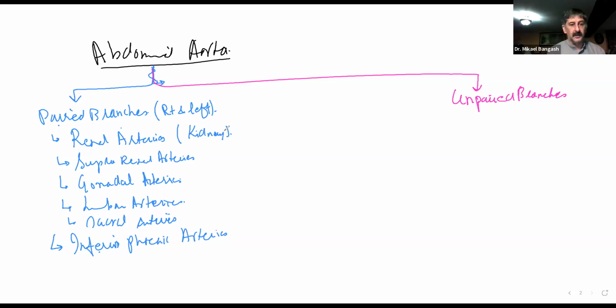They supply blood to the kidneys. Suprarenal arteries. Now, renal was the kidney. Supra will just be above the kidney. What do we have on top of the kidney? The adrenal glands.